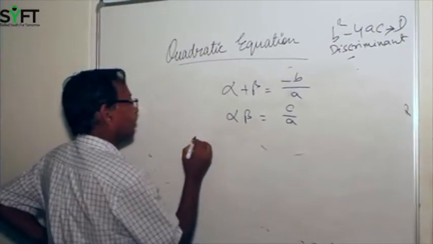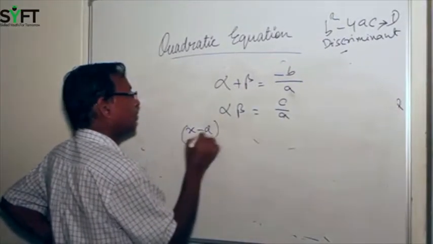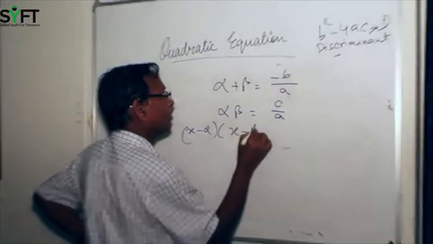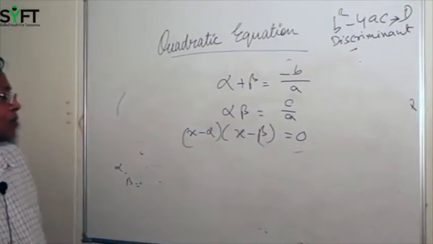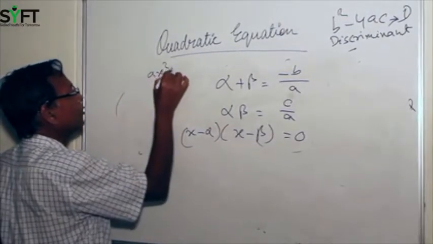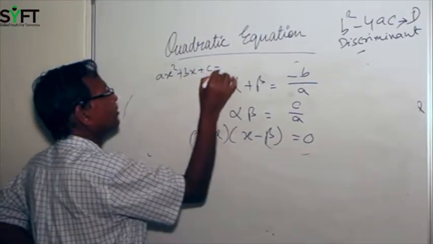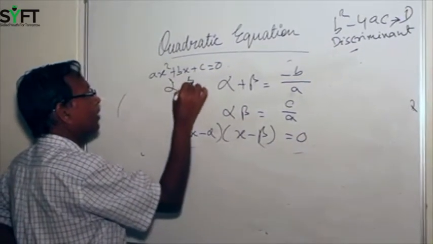And if alpha and beta are two roots, then x minus alpha into x minus beta is equal to 0. For the quadratic equation ax square plus bx plus c is equal to 0, we can write it in this form if alpha, beta are the two roots.